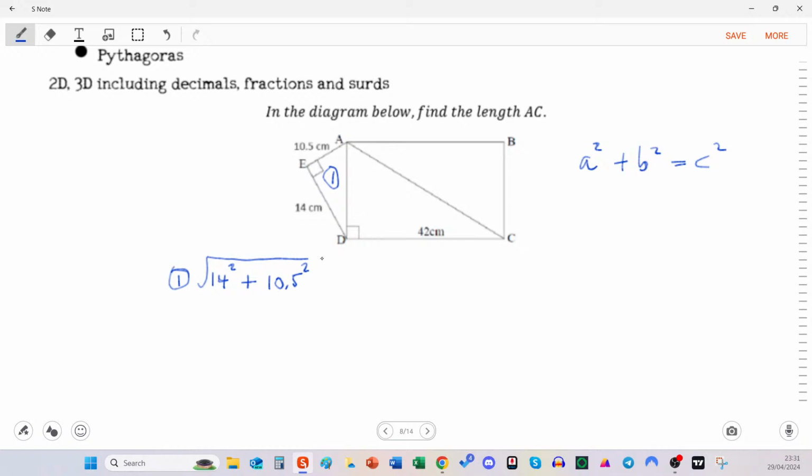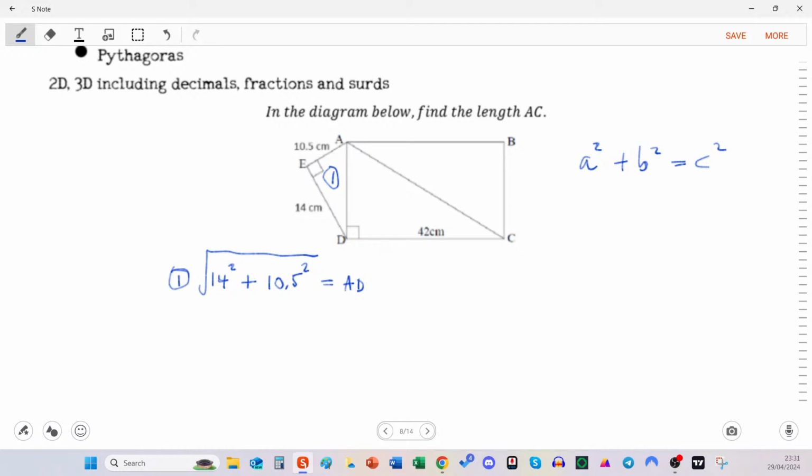Square rooted, I'm sorry if that's too fast, but I'm writing it as AD squared, right? So that's AD squared, but if I square root both sides, I find AD, which is what I want. And there is a quick way of doing it, like you just jump straight to the square root when you write it. And not too bad. So what does this look like on a calculator?